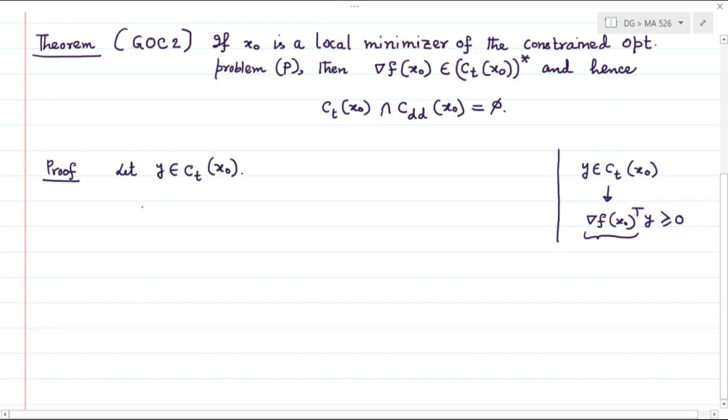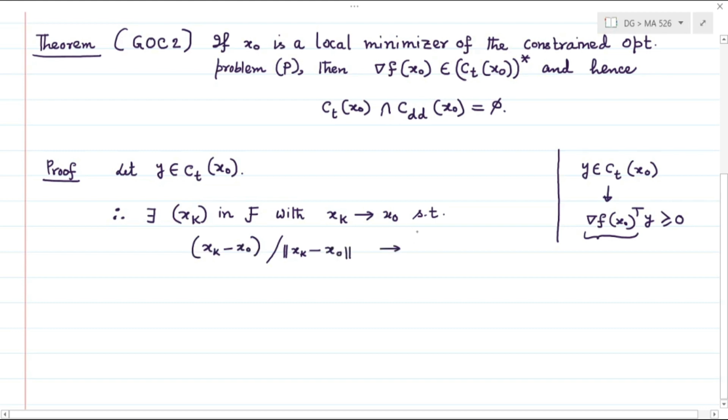By the definition of the tangent cone, as y is an element of the tangent cone, there exists a sequence xk in the feasible set with xk converging to x naught, such that (xk minus x naught) divided by norm of (xk minus x naught) converges to y divided by norm y.